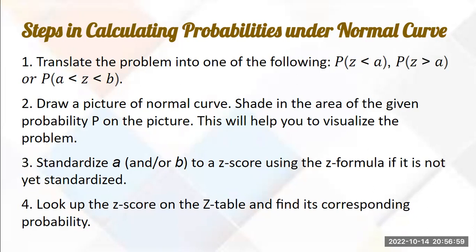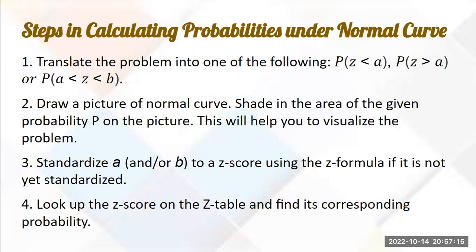When it's greater than, to the right. Now, the second is draw a picture of the normal curve and then shade in the area of the given probability on the picture. This will help you to visualize the problem.